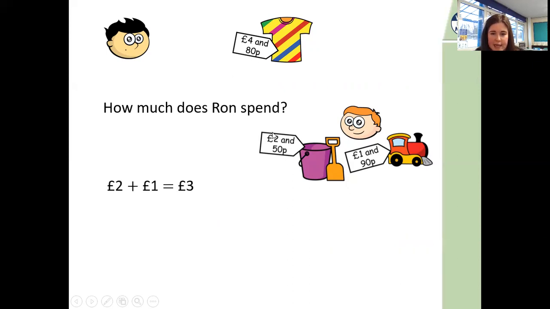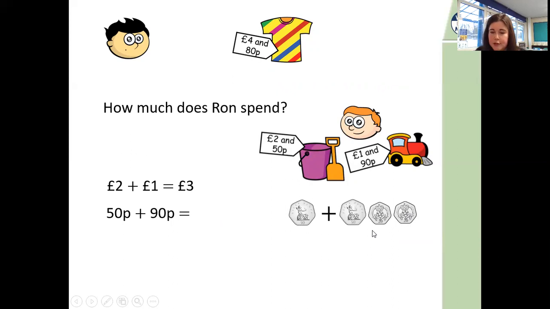Okay, so again, we start with the £2 and add the £1, which gives us £3. Then we do the 50p add 90p. Now we know that 50 add 90 will give us a 50 pence coin, another 50 pence coin, and then 2 20s. We know it's going to go higher than £1, higher than 100 pence.